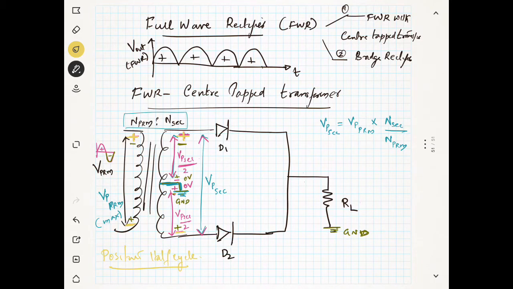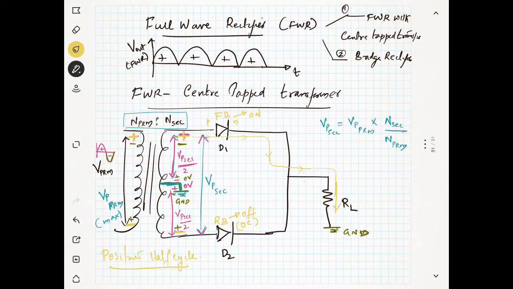So you can see diode 1 is forward biased because positive is connected to the P of the diode, and diode 2 is reverse biased. So this diode is off, and because of this, diode 1 will be on. So what will be the direction of the current? The current will be flowing through diode 1, and it will be moving like this. Since diode 2 is off, it is an open circuit. So the current will flow only through the load resistance in this direction.